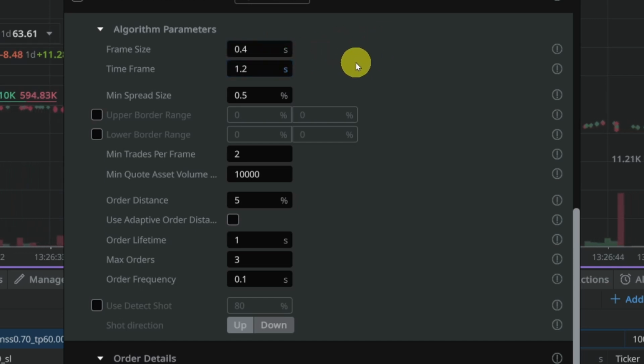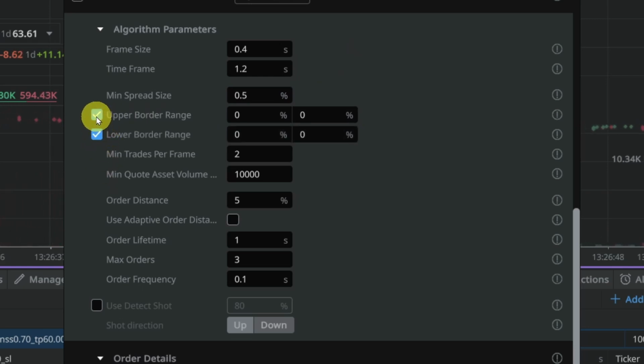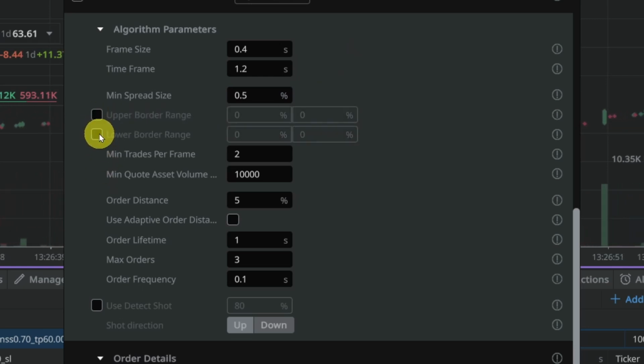Now, these 2 border ranges, I'll skip for now, because they fall into the fine-tuning category. The last 2 settings that help box a pattern in are the minimum trades per frame and minimum quoted asset volume per frame. This one defaults to 2, and it is again a no-brainer.